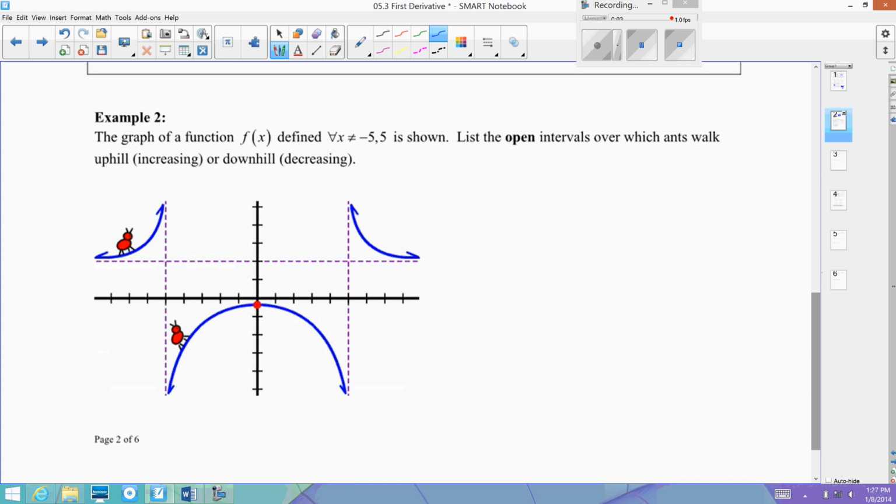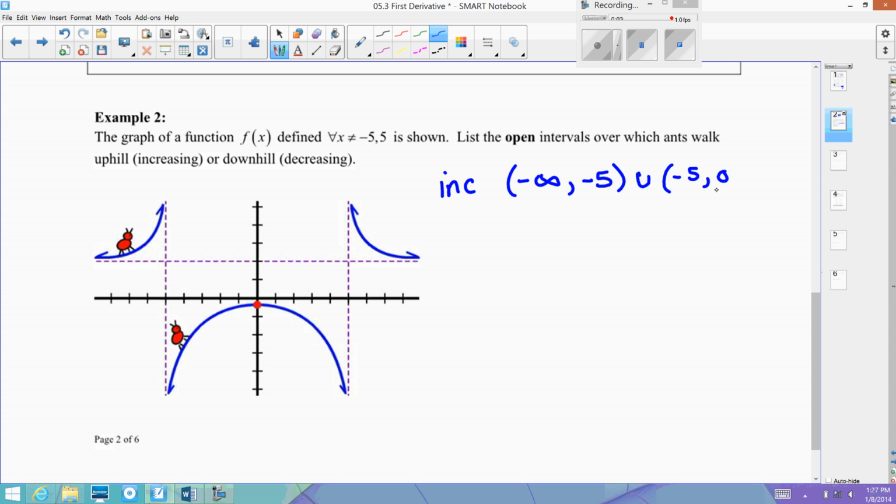So here we have a little tiny bug crawling up this function. All right, if the ant is walking uphill, the function's increasing. So we're going to list the open intervals over which it's increasing. So that would be from -infinity all the way up to -5. And it looks like it's also increasing from -5 to 0.